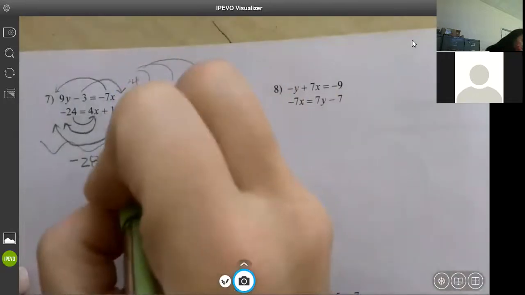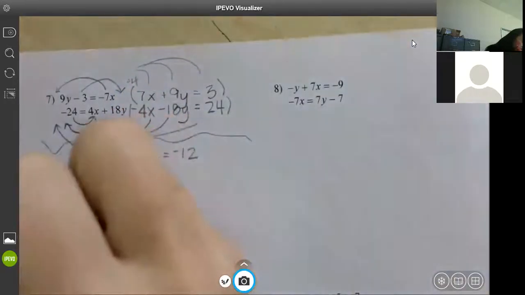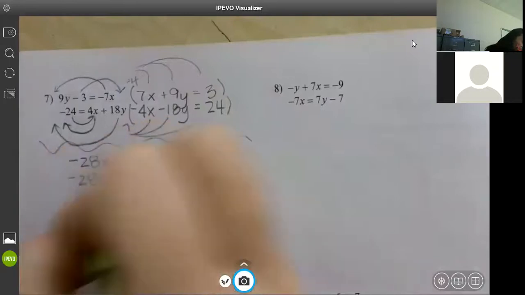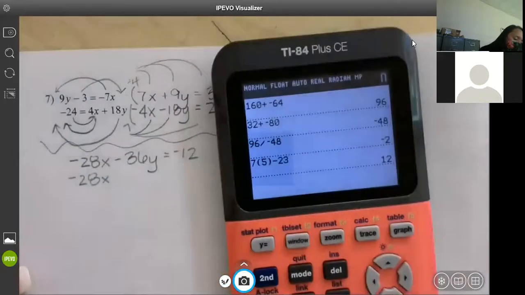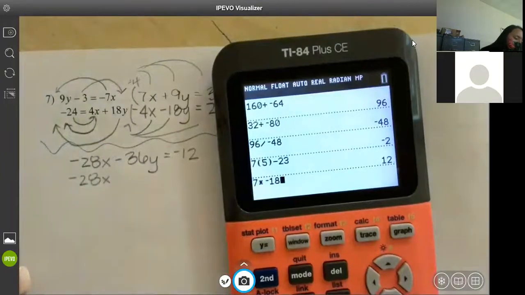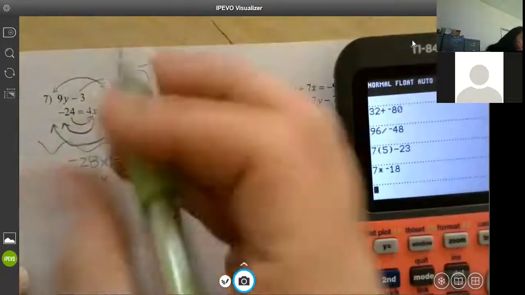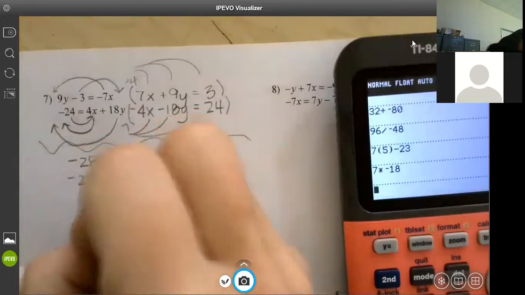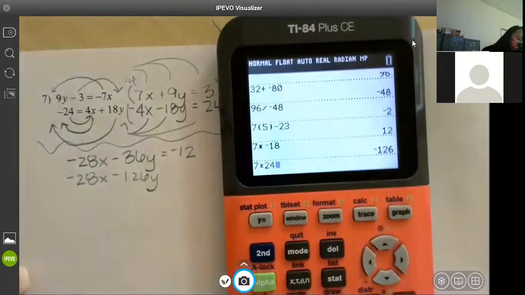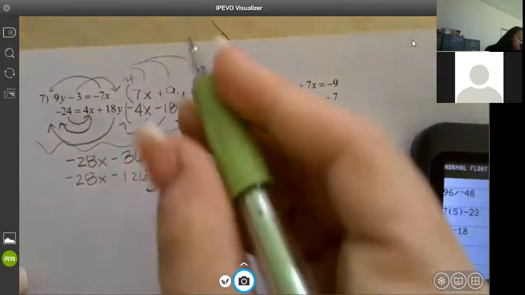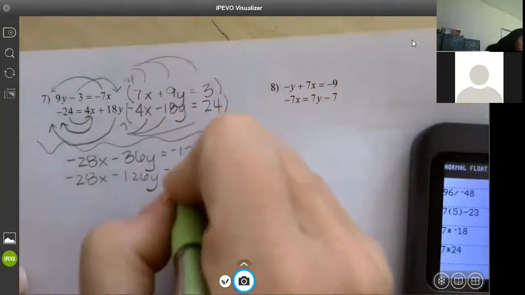The next equation, distribute your 7 times negative 4 is negative 28x. 7 times negative 18, if you don't know that, is negative 126. And then 7 times 24 is 168.